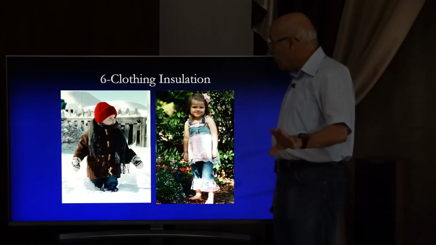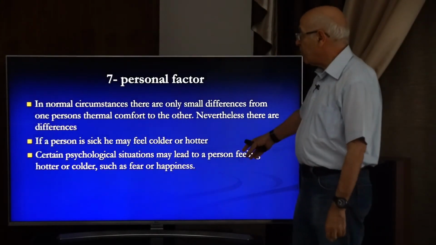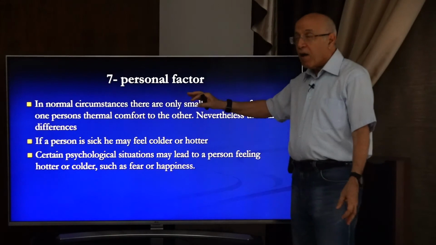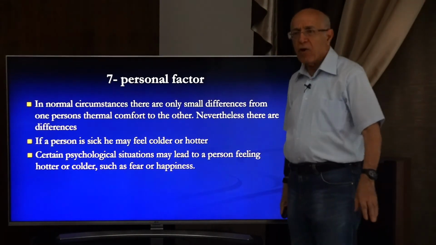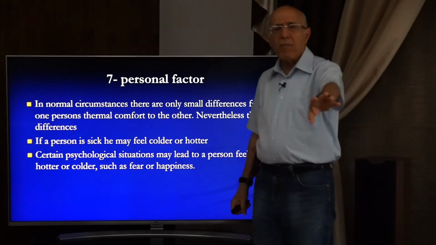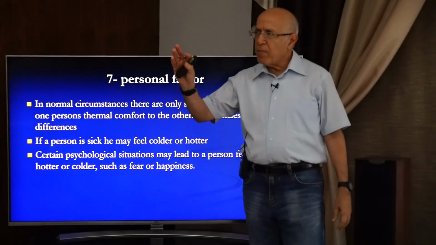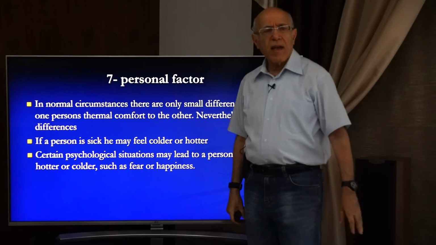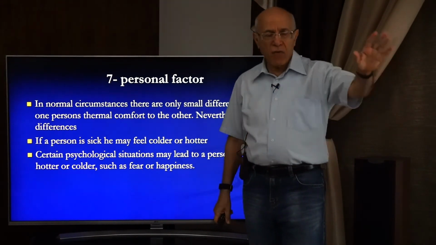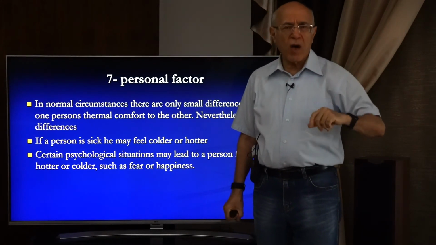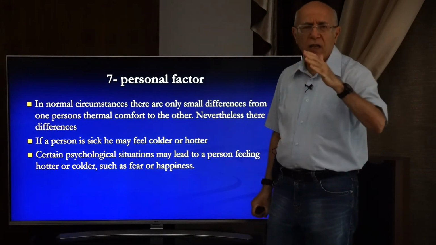Now the final factor, and I find students remember this more than anything else, although it has the least effect, is personal factors. Normally, if you put 9 people in a room and you set the temperature at a setting which feels comfortable, 9 of them will say yes, we feel comfortable. You might find one that says no, I want it a little bit colder or a little bit hotter.